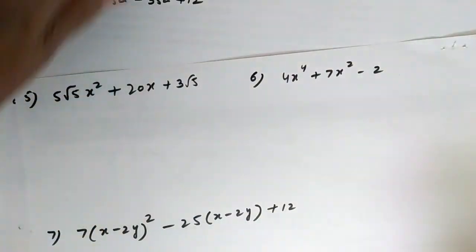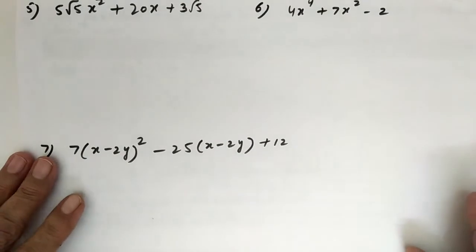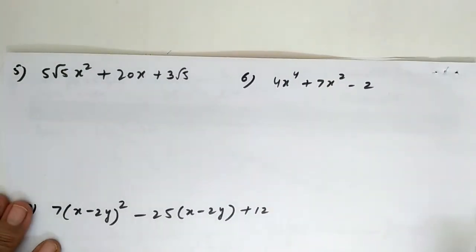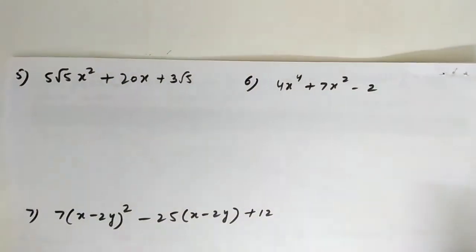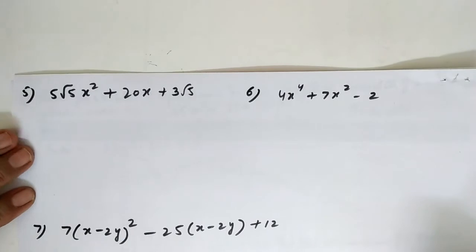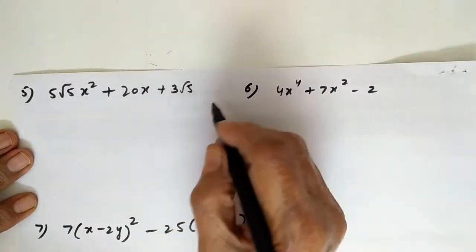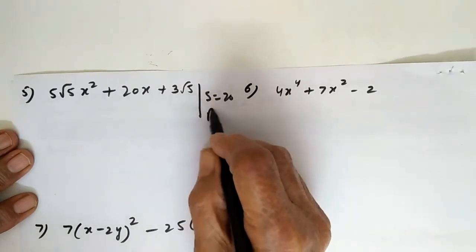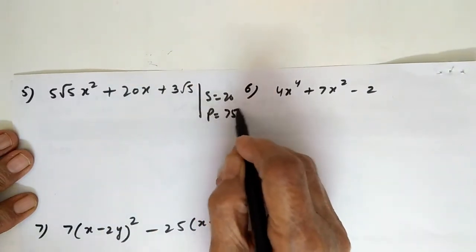Next question is again factorizing by splitting middle term. Here we have 5 root 5 x square plus 20x plus 3 root 5. For this, same method beta. Sum should be 20 and product is 5 root 5 times 3 root 5, which is 75.